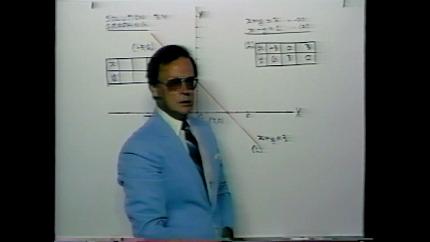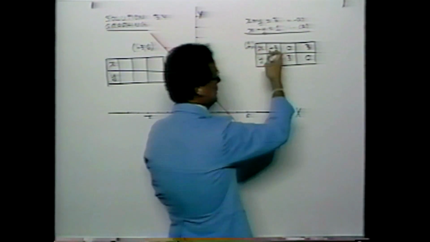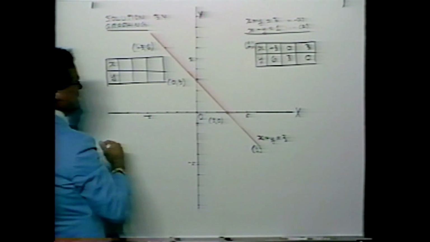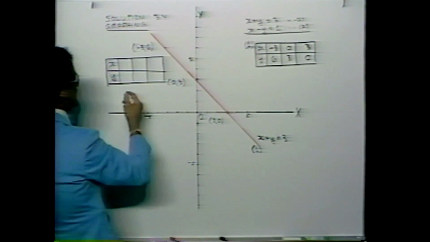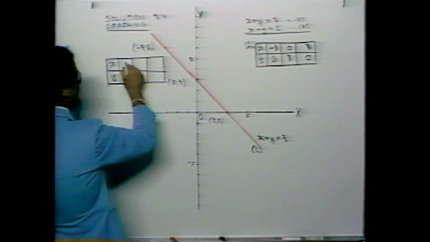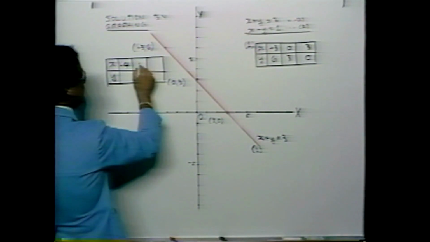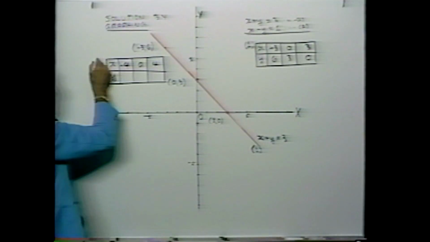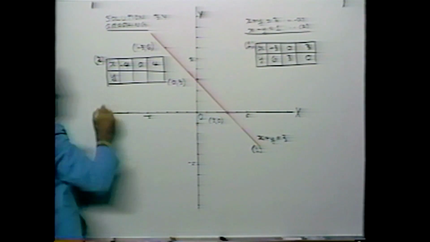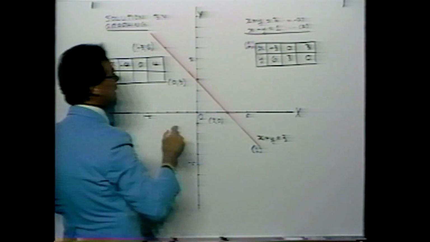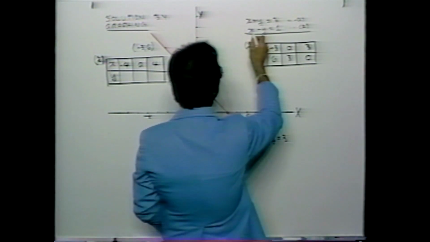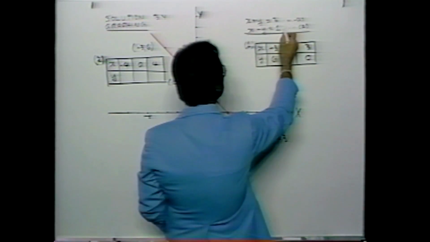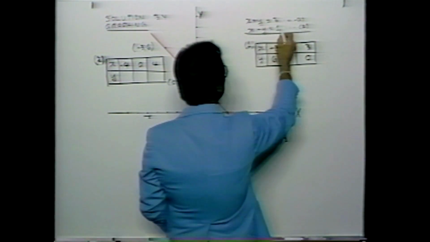Not that you couldn't do it and still get what you wanted, it's just that it seems more organized this way. We'll pick any number that we want to, such as, well, how about negative 4, 0, 4. In the second equation then, I'll put the 2 beside this table, and if we put negative 4 here where x is, negative 4 over here becomes positive 4, so we end up with 5.